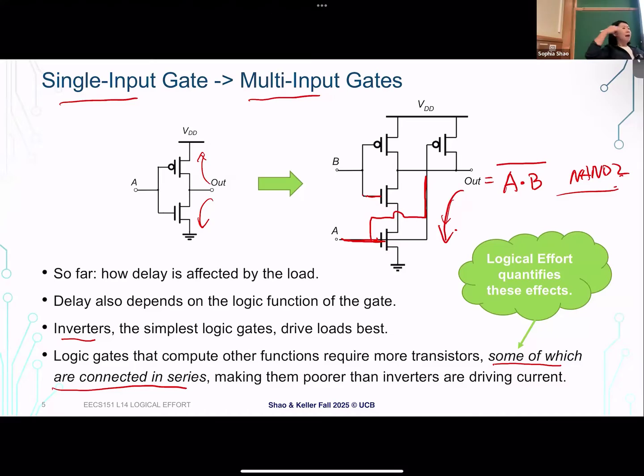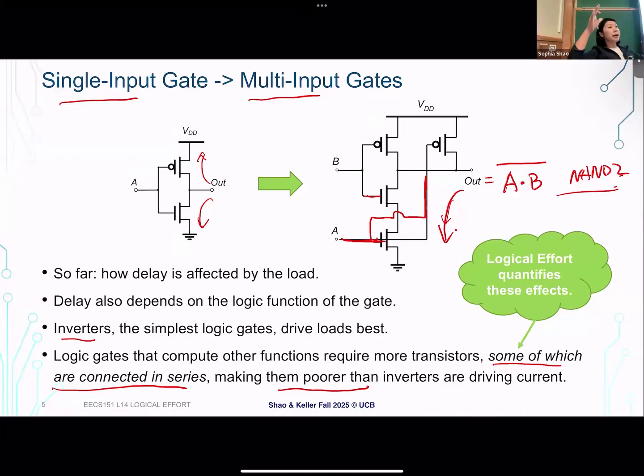Just by having multiple inputs and the way the pull up and pull down networks are constructed, some of the transistors are connected in series, which typically makes it poorer or worse at driving the downstream current compared to the inverters. We'll talk a little bit more about how we quantify that, right?